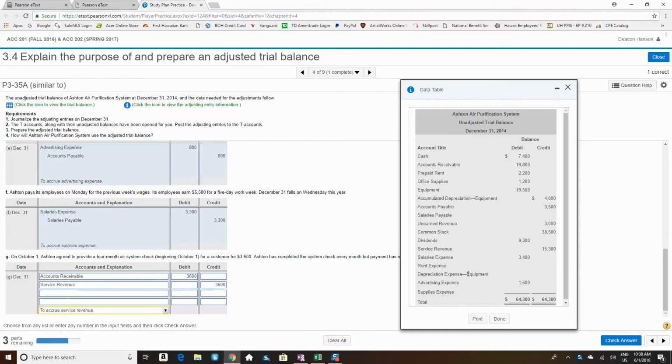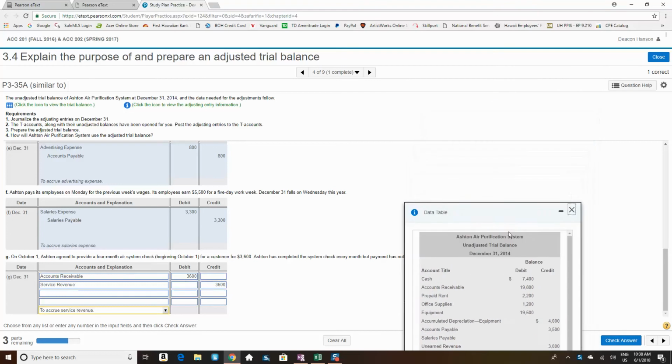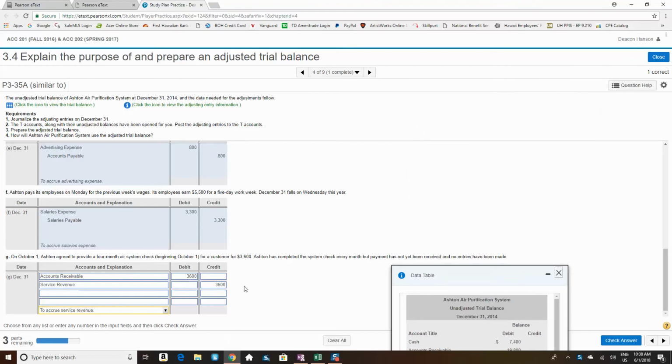Okay, so we've gone over, oops, let's see, did I make a mistake here? On October 1st, Ashton agreed to provide a 4-month air system check beginning October 1 for a customer. Okay, you know what we overlooked, and it's great that we made this mistake. 3,600 is for 4 months.